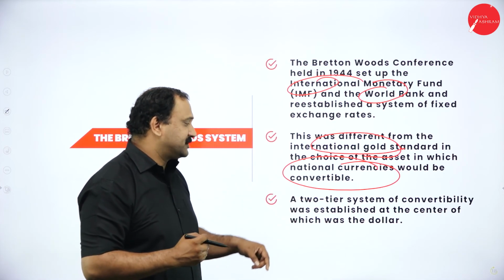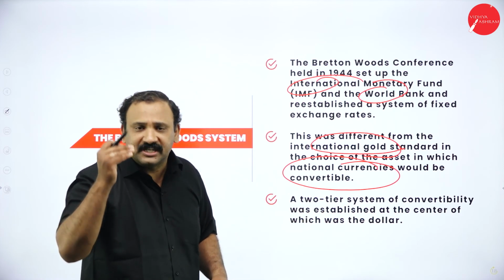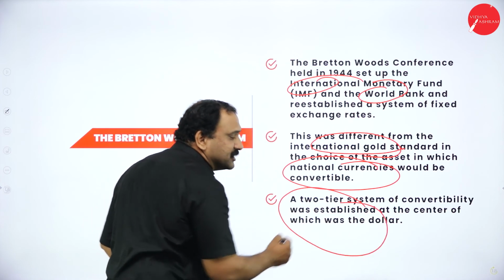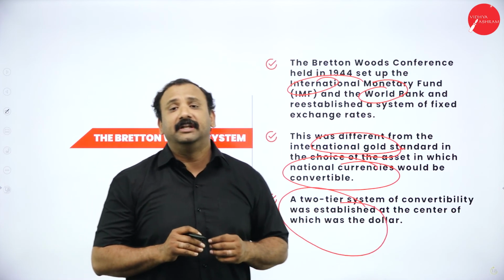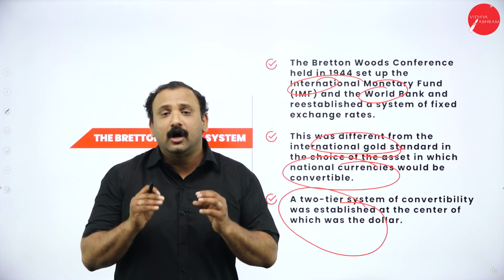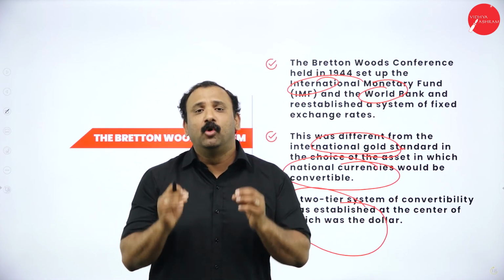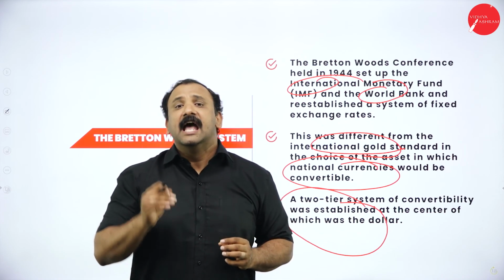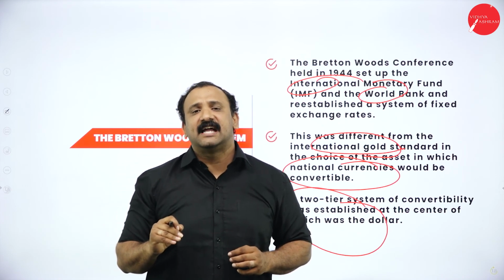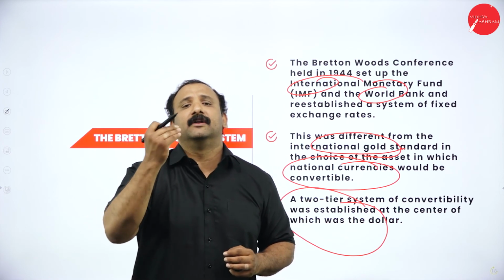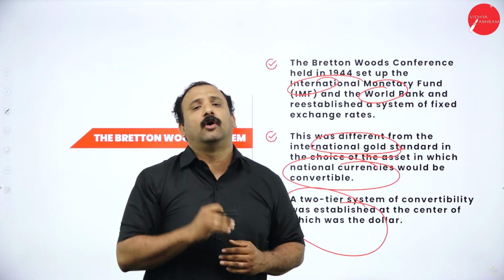A two-tier system of convertibility was established, at the center of which was the dollar. So this was the time period when the dollar was made a central currency, the world's most acceptable currency, and keeping the dollar as a standard, every other currency would fluctuate or would be converted or valued.